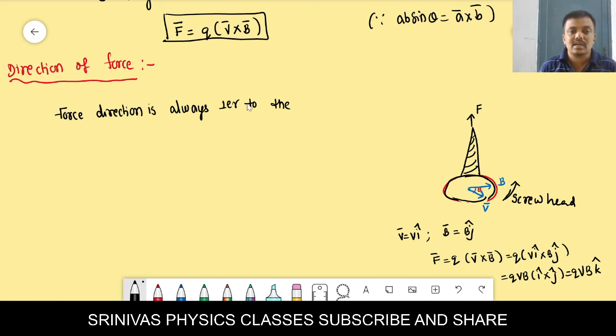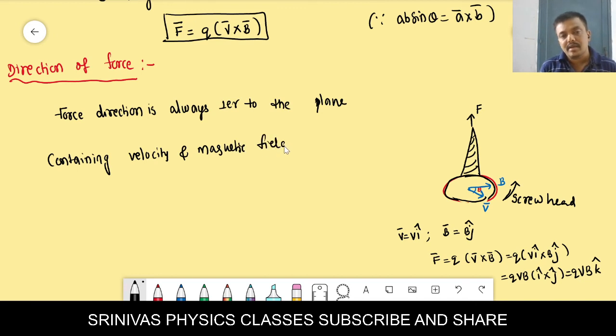Force direction is always perpendicular to the plane containing velocity and magnetic field. Remember that the force is always perpendicular to the velocity and the force is always perpendicular to the magnetic field. The direction of the force is always perpendicular to the plane containing the velocity and magnetic field.